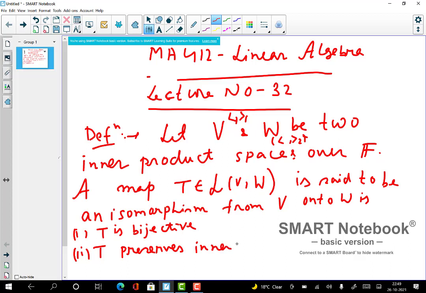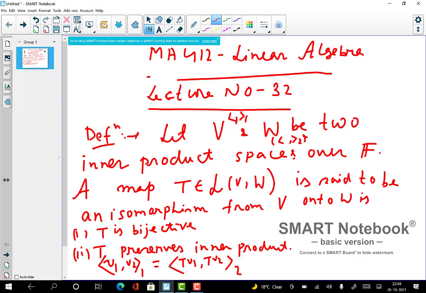Suppose you choose two vectors v1 and v2 in V, with inner product 1 in V and inner product 2 in W. Then the images T(v1) and T(v2) should have the same inner product. This type of map is called an isomorphism of inner product spaces.